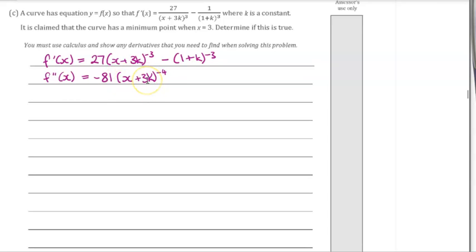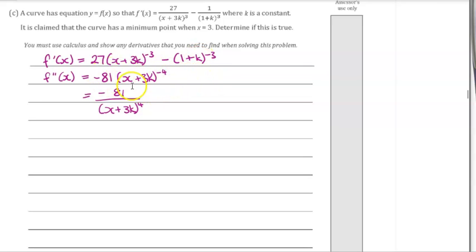Remember, 3k is a constant, so that doesn't become anything when we differentiate. Same with this bit here. This differentiates away to 0. It's tempting to try to differentiate that as if k was an x, but this is just a constant because k is a constant. So when we differentiate, we don't get anything here.